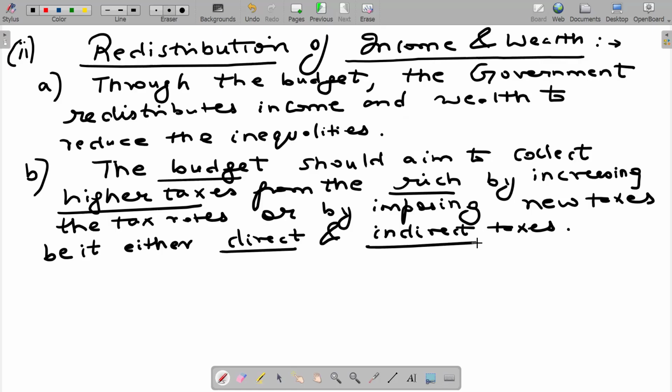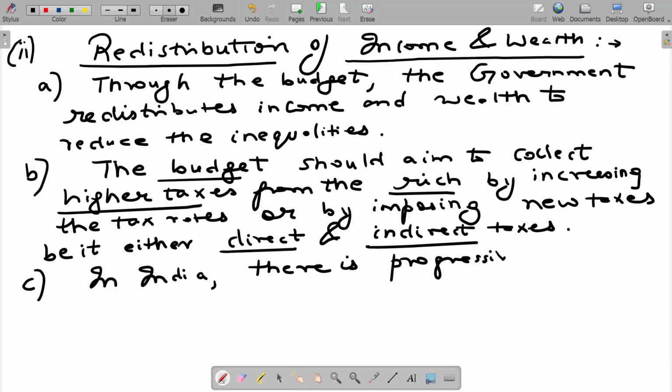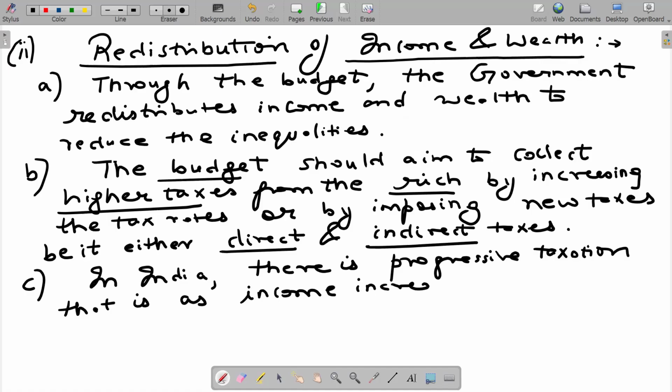Okay, so point C. We know that in India there is progressive taxation. That is, as the income increases, the tax rate also increases.